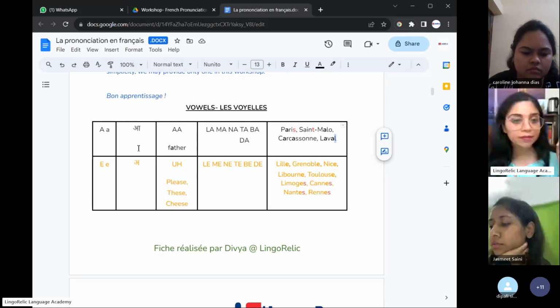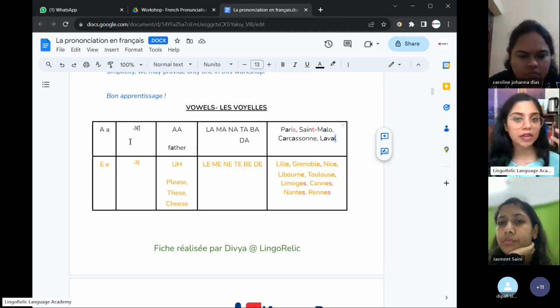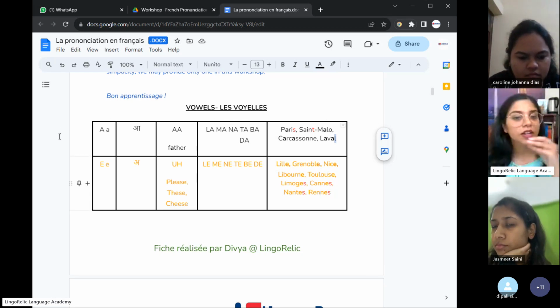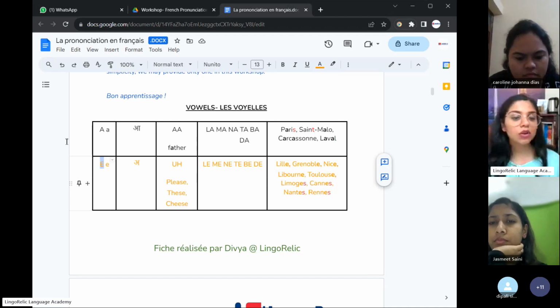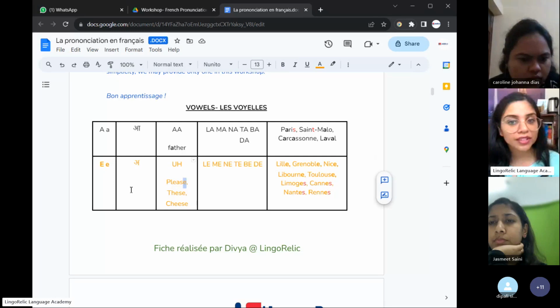Okay. Next is a very important sound that you need to pay a lot of attention to. This is where a lot of learners make mistakes. So I've highlighted it in a different color. Please make sure you repeat it correctly with me. This is the sound of A, and it's not A. So, for example, in English, you have the words please, these, cheese.